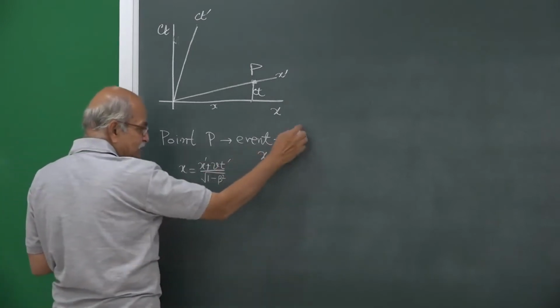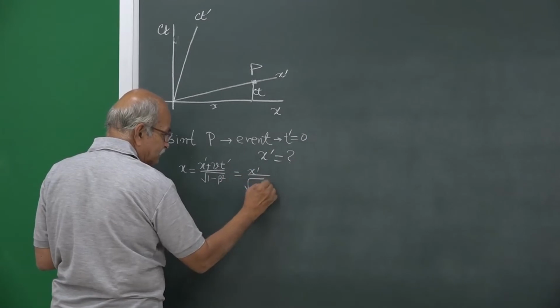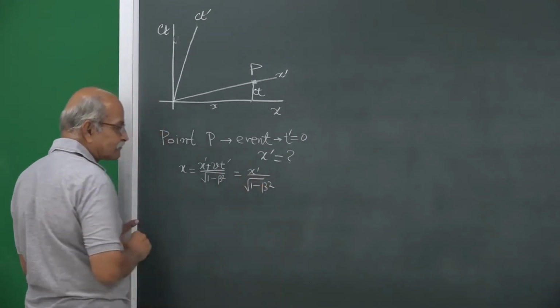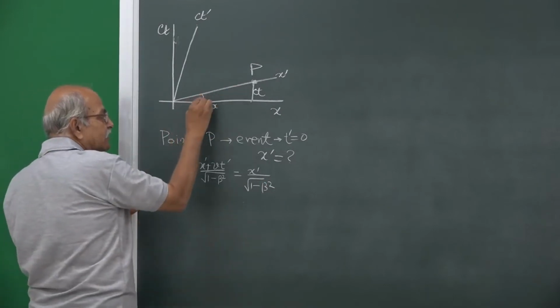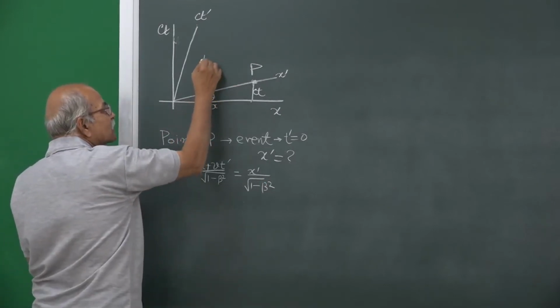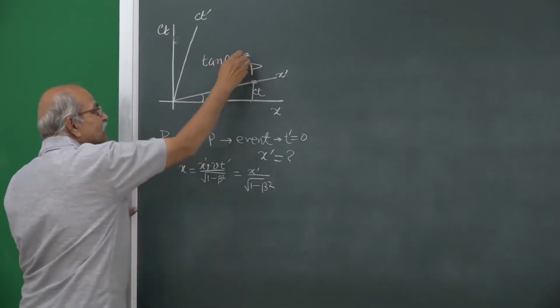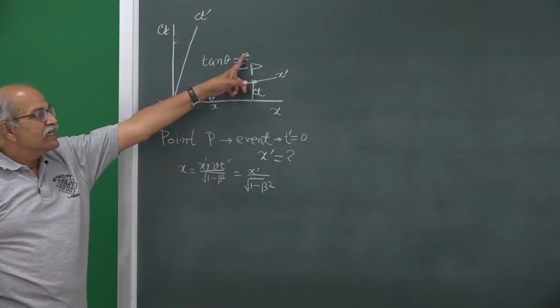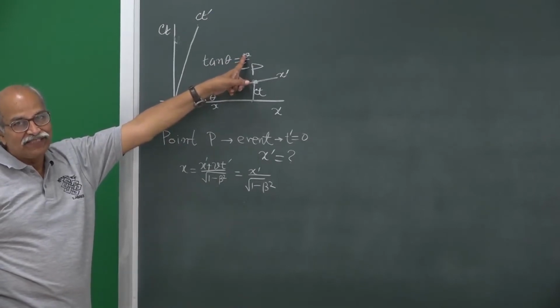Since t prime is equal to 0, this is x prime divided by square root of 1 minus beta square. And from this diagram, I know this theta. What is tan theta? Tan theta is V by C. And what is this V? This V is the velocity of frame S prime with respect to frame S.